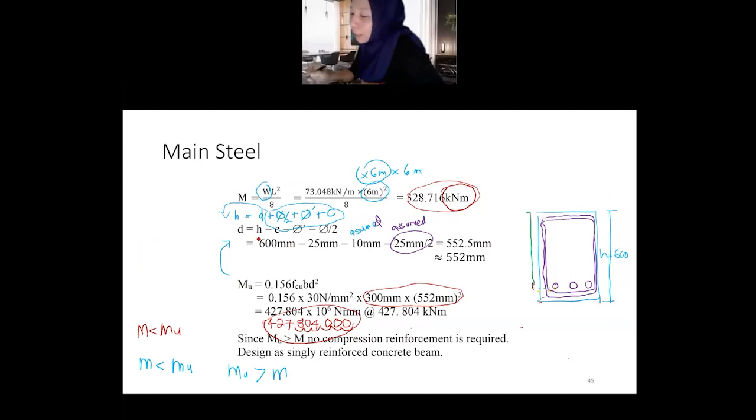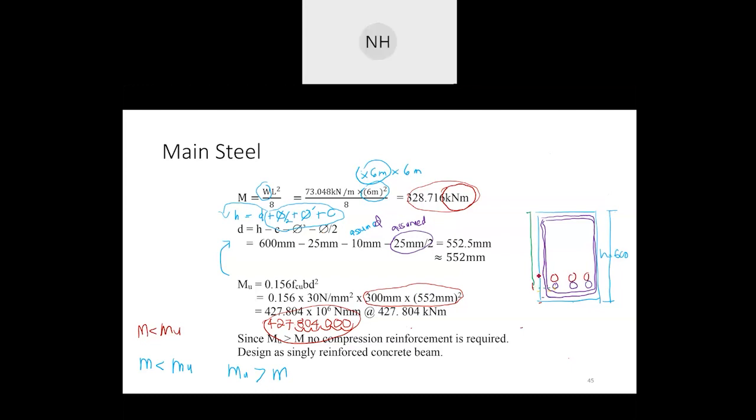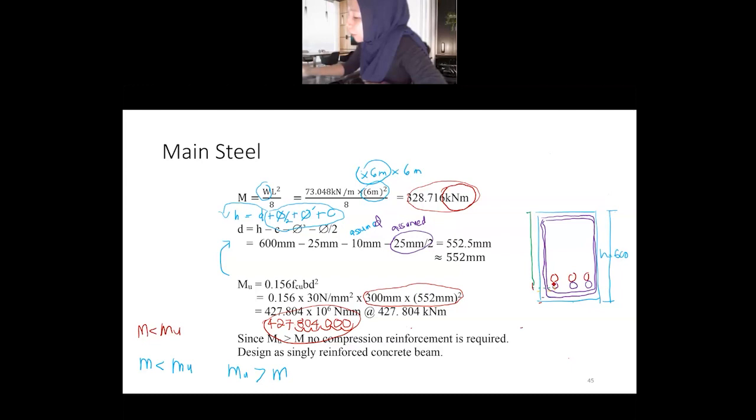Masa you kira effective depth, you use this formula. Maksudnya you tak pakai full bar. Kalau stack tu, bar dia macam ni. So effective depth dia bukan sampai tengah sini. Effective depth dia kat sini. Ni D. Ini half bar.